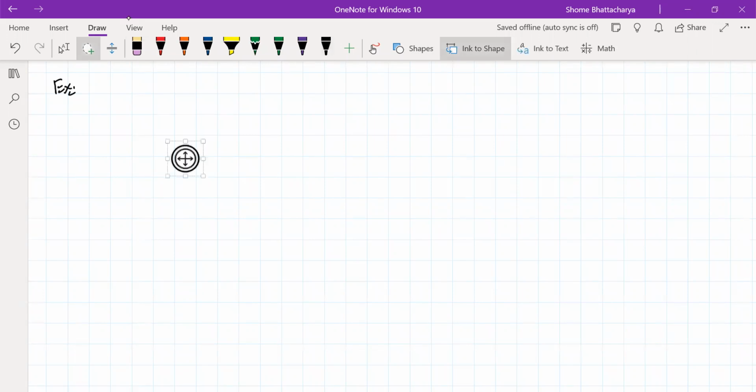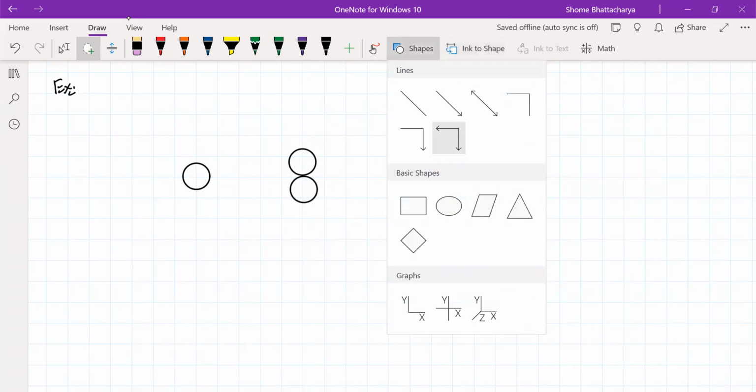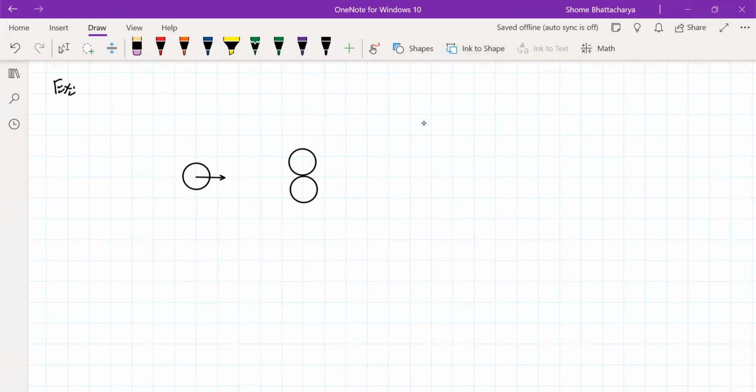Now we imagine we have three such bodies, with one of them moving like this initially and the other two stationary, at rest.